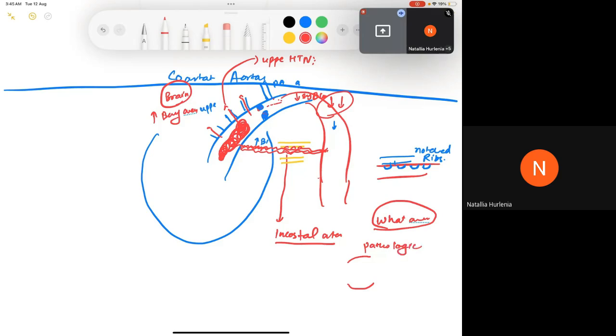One of the risk factors of aneurysm, which we'll be discussing in aortic aneurysm, is hypertension. We'll discuss that in detail. So if you have a lot of hypertension in the blood vessels supplying your brain, it leads to aneurysmal dilatation.